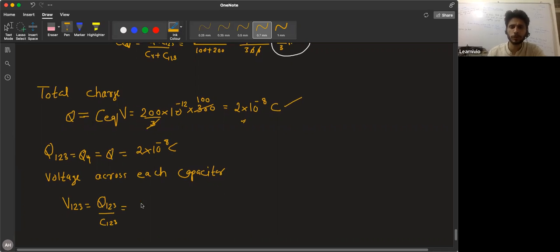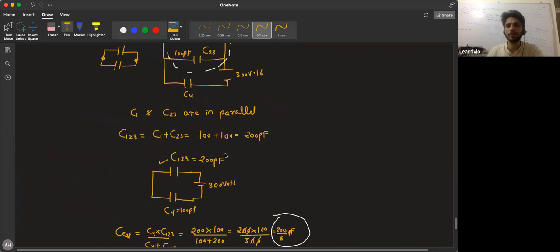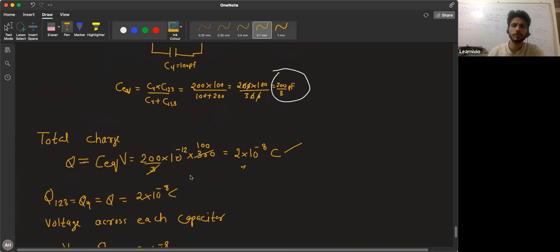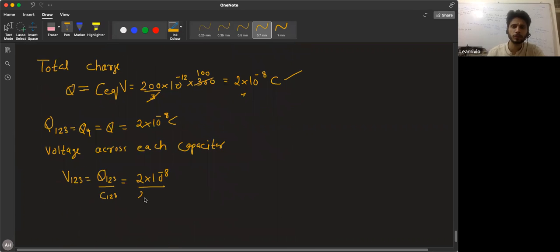Charge stored in 1, 2, 3 is 2 into 10 raised to the power minus 8. Capacitance C123 is 200 picofarad. Pico means 10 raised to the power minus 12. When this minus 12 comes to the numerator, it will be plus 12. It's 10 raised to the power 4 by 200. So that's 100 volt.